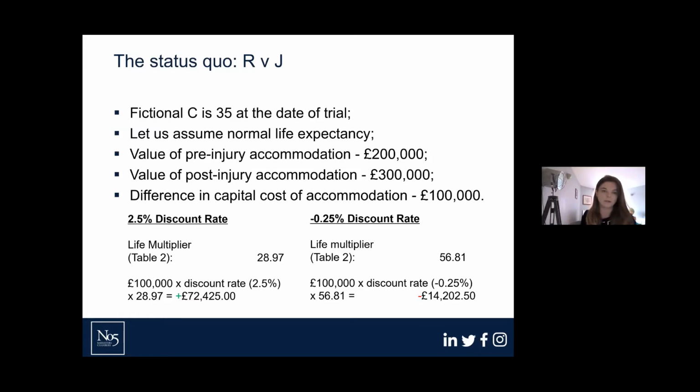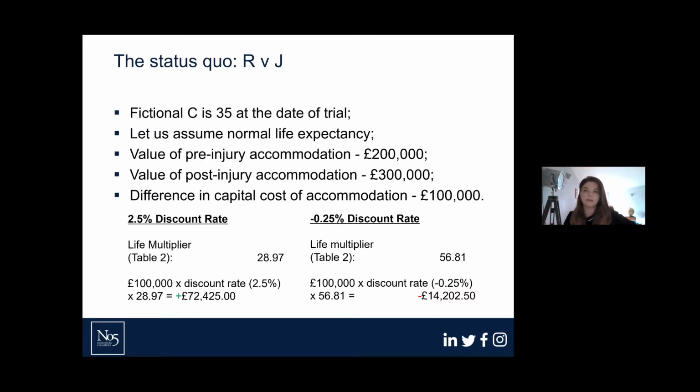If we were to run it on 2.5%, then the accommodation claim would amount to positive £72,425. If we run it on a negative discount rate, so minus 0.25, then we can see straight away that the award becomes minus £14,202.50.